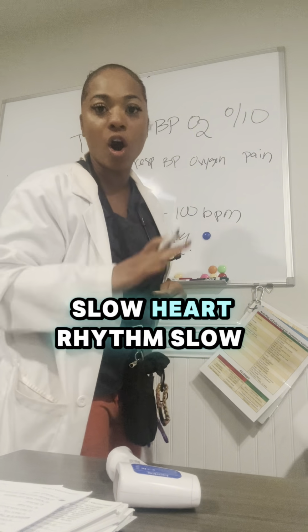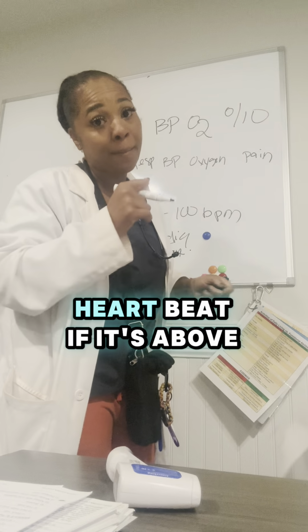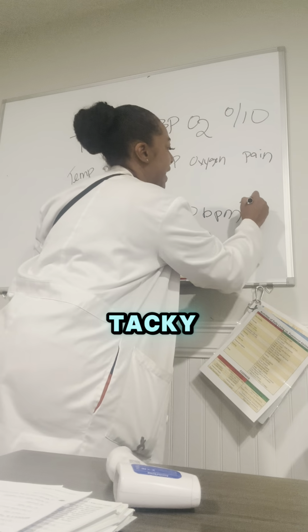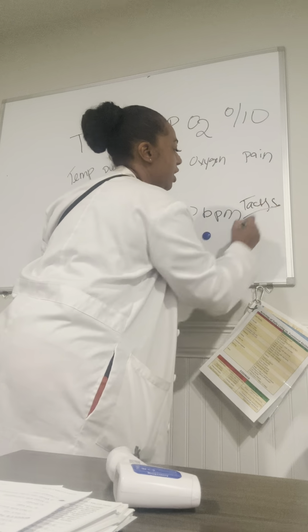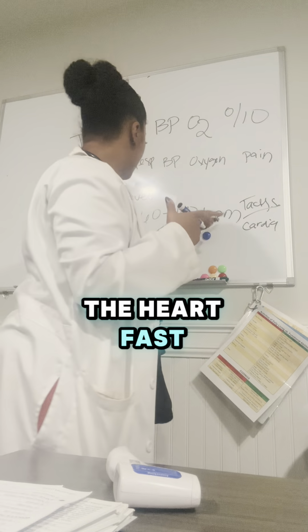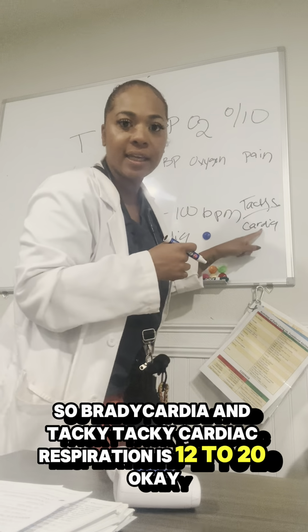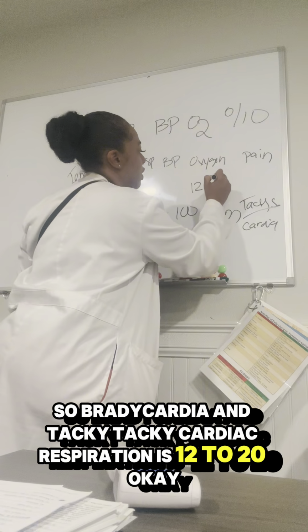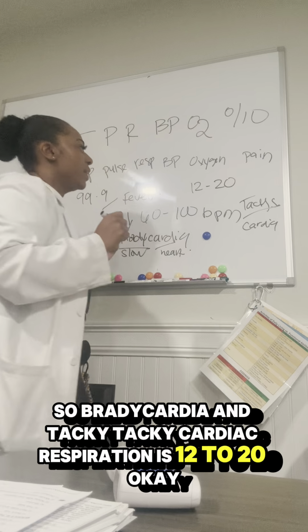Okay, slow heart rhythm, slow heartbeat. If it's above 100, that is tachycardia, heart. So that's the heart fast, okay? So bradycardia and tachycardia.